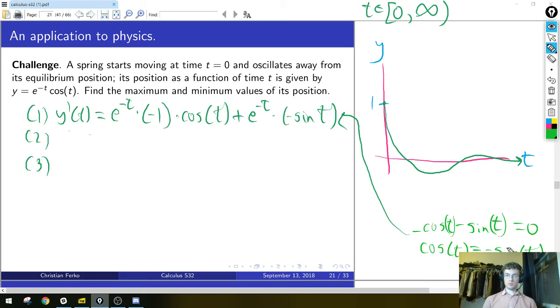Or we could even, if you prefer, divide by cosine of t, because sine over cosine is called tangent. So this means tangent of t is minus 1. Do you remember what sort of angles have the property that their tangent is minus 1?